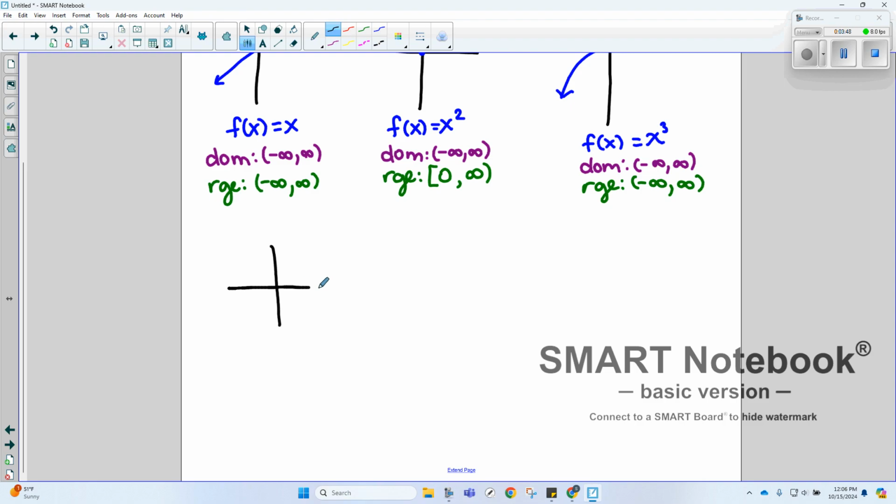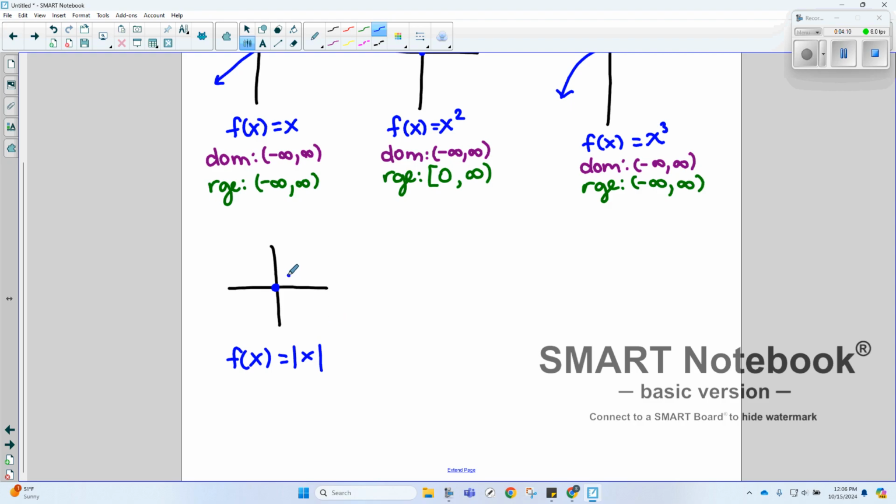Some other functions that we might be asked to recognize. Y equals the absolute value of x. Now, if we're not sure what this looks like, we can plot some points, meaning I can pick a number for x and plug it in and see what comes out for y. If x equals 0, y equals 0.